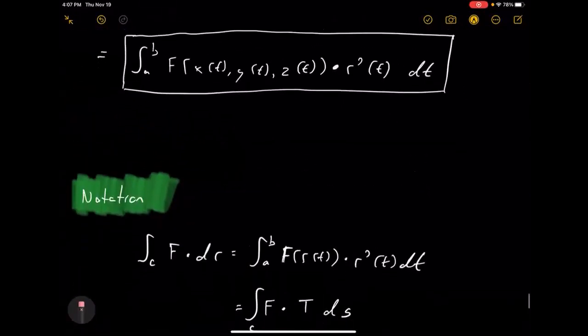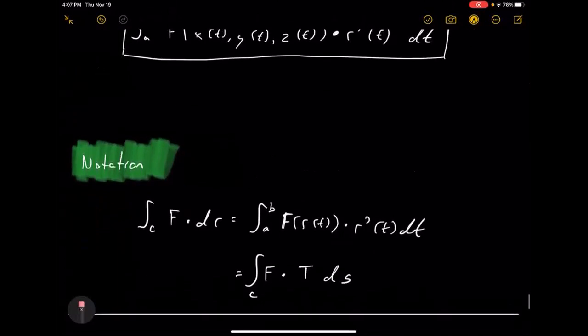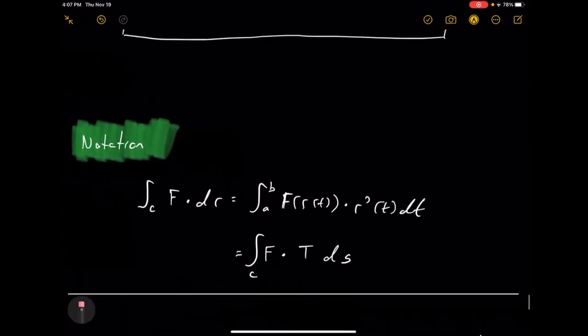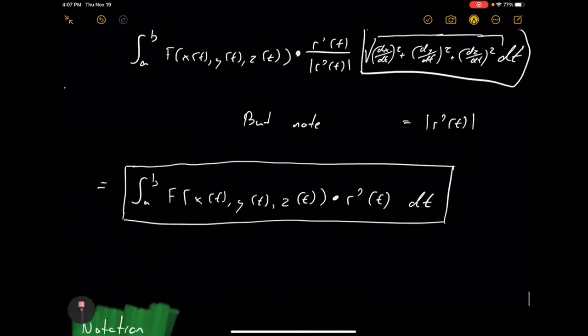Now, before we go too much further, there's some notation to talk about here, but let me just pause and get an example for you guys to do.